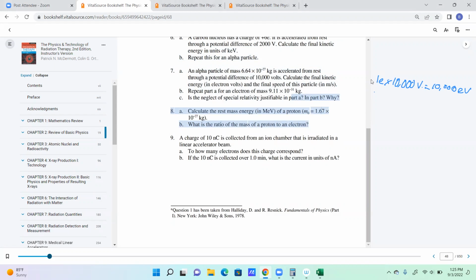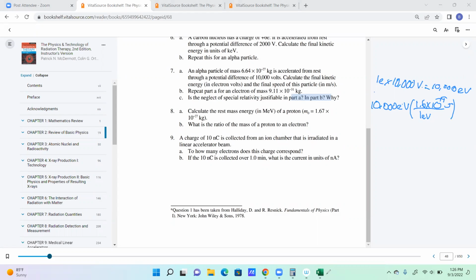We're going to have to convert this over to joules, so we know that 1 eV is the same as 1.6 times 10 to the minus 19th joules.